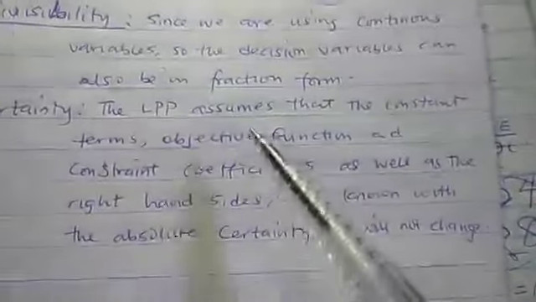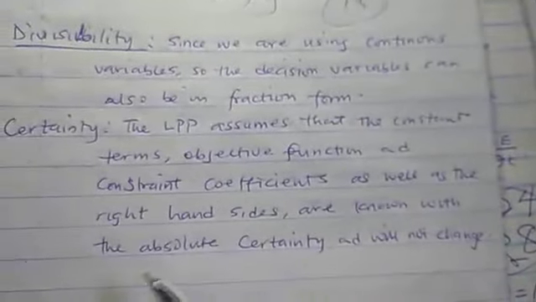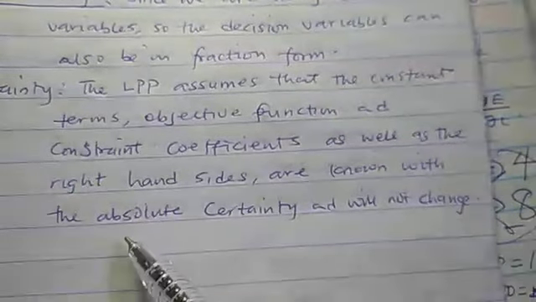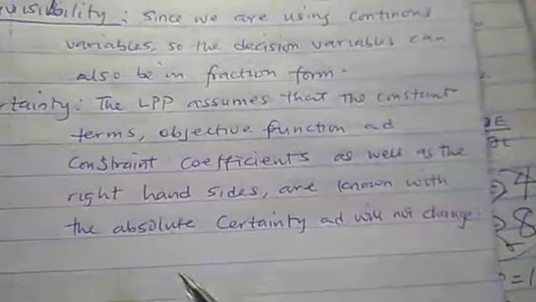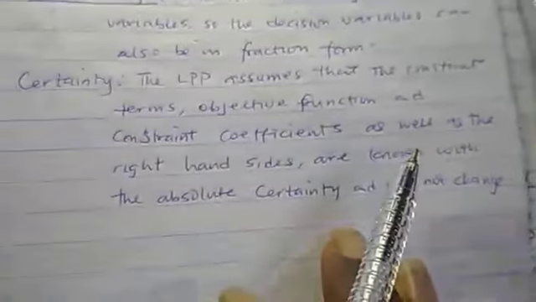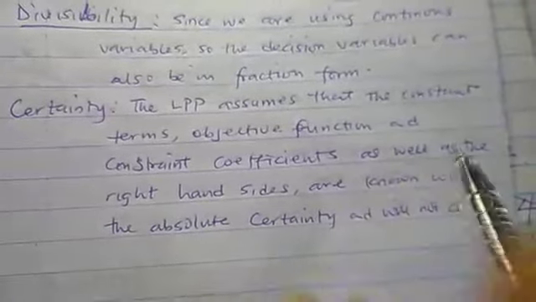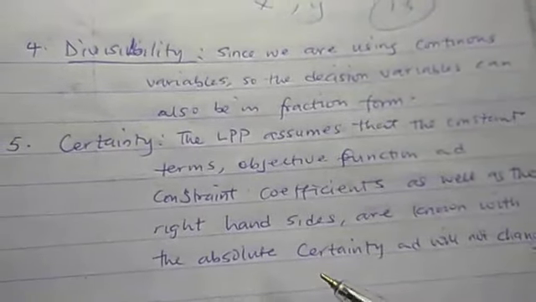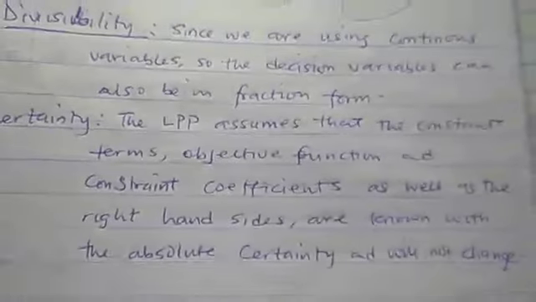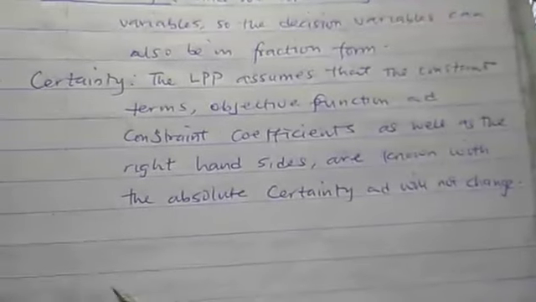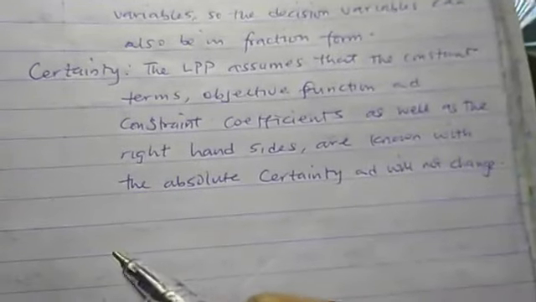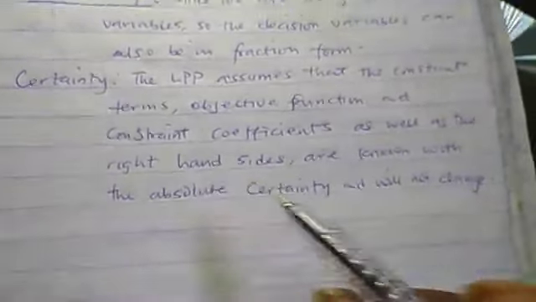And also certainty, that is the last one. All the things we are using must be assumed to be absolutely certain and will not change. What that simply means is that before we can embark on any business, we need to know the way people normally do the business.